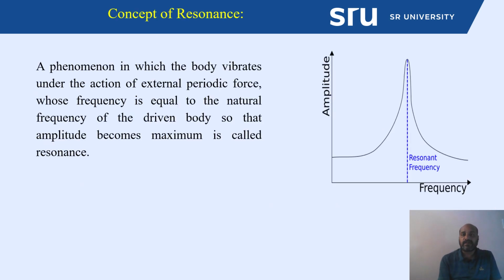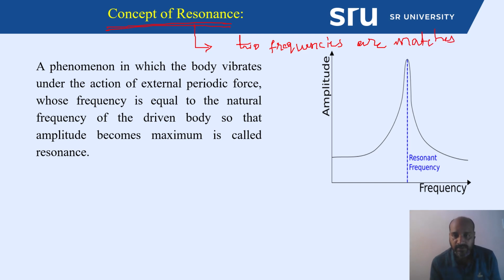Right, now we'll take the special case, the concept of resonance. Generally, resonance is defined as a case where two frequencies are the same, or match. In forced oscillations, we define two frequencies.